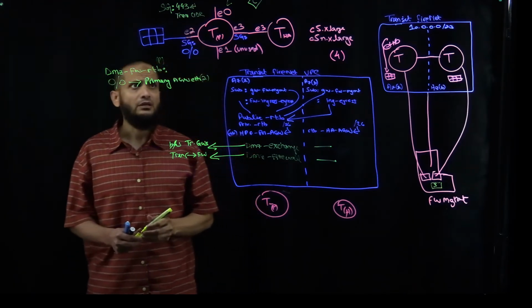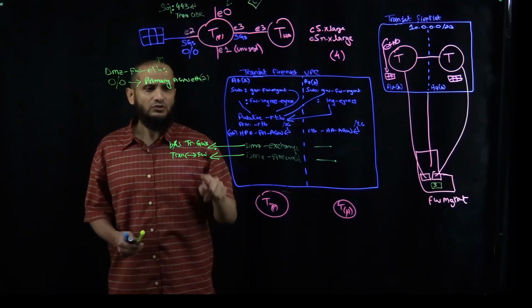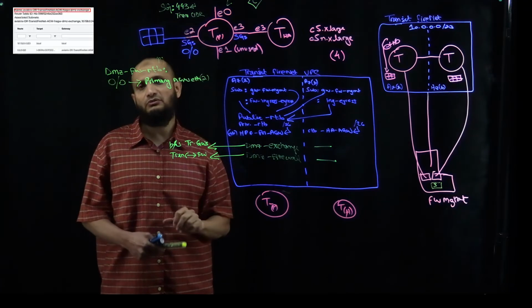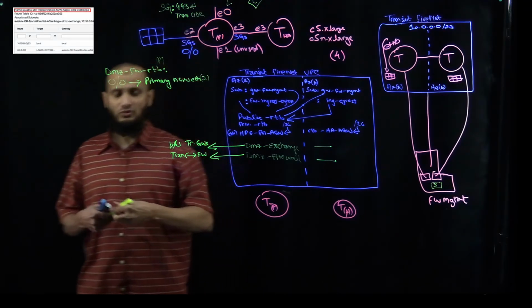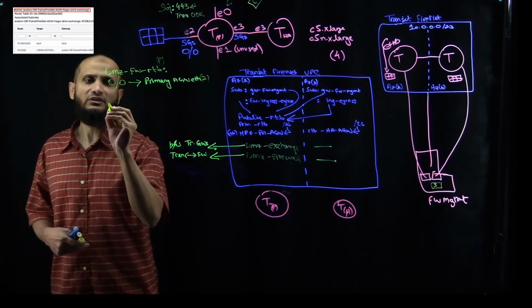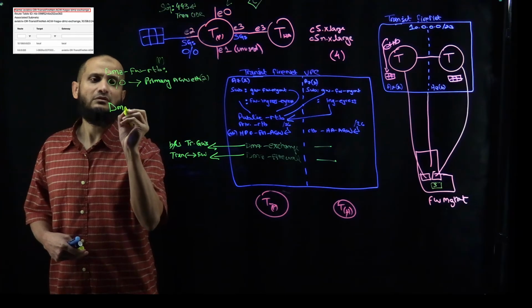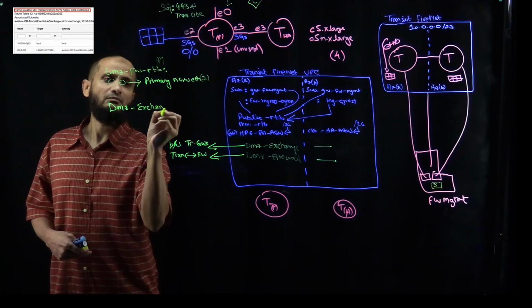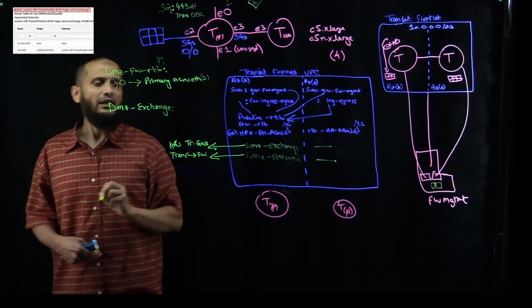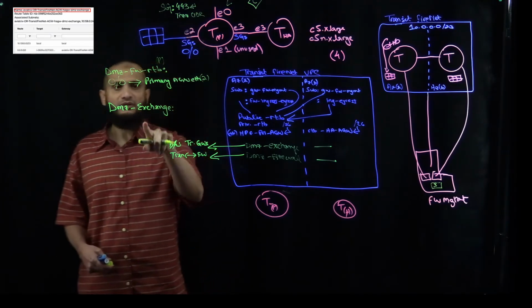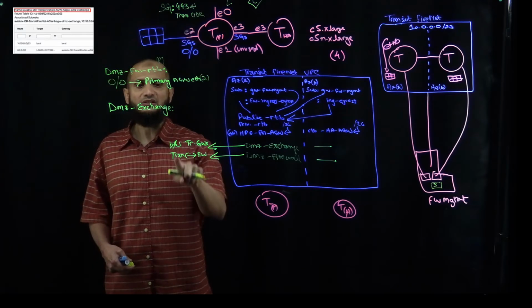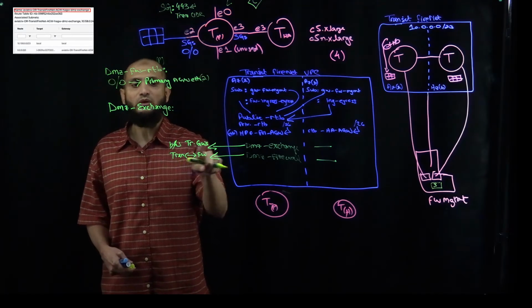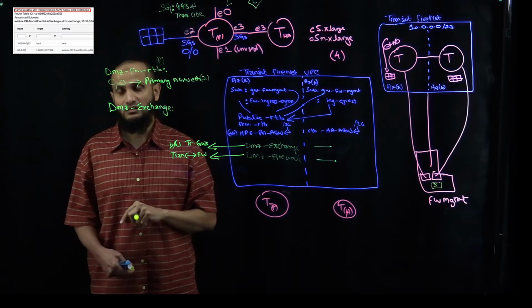Okay, now what about the exchange routing table? So let's write that one down too. As I explained previously, the DMZ exchange is to communicate between the 2 transit gateways.